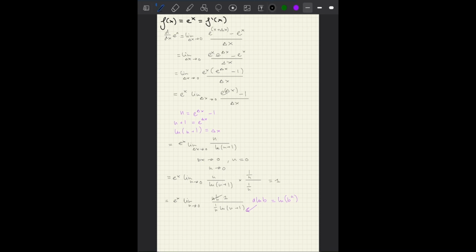We can rewrite this as e to the x times the limit as n approaches 0 of 1 over, and instead of writing this out, we can write this as the natural log of 1 plus n, this is the same thing as n plus 1, by the way, to the power of 1 over n.